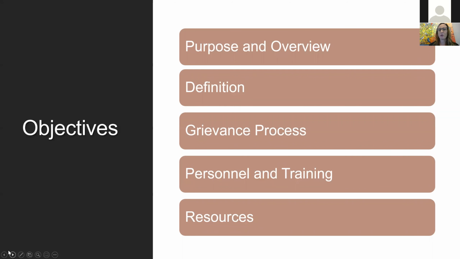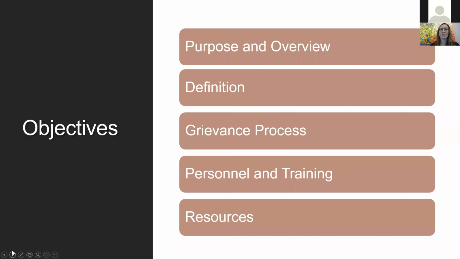Okay, so here are our objectives today. We're going to look at the purpose and the overview of Title IX and the new regulations, the new definition. The definition has changed. Grievance processes, having really dialed in grievance procedures is key in this.